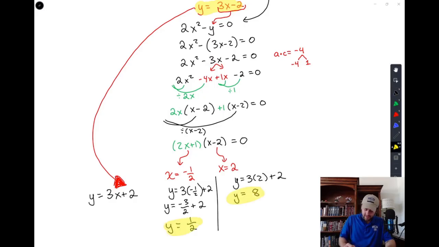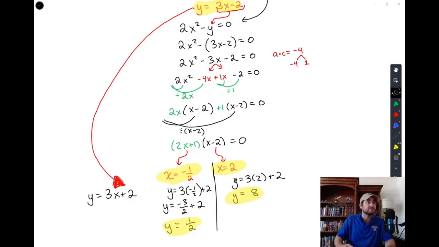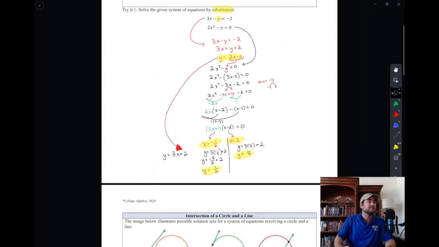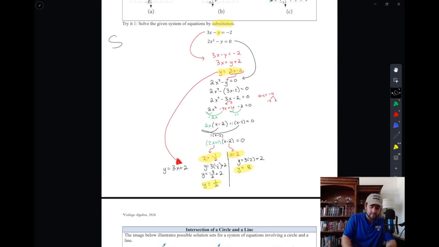And there we have our two solutions. If we put those in point format, they are (2, 8) and (negative 1/2, 1/2).